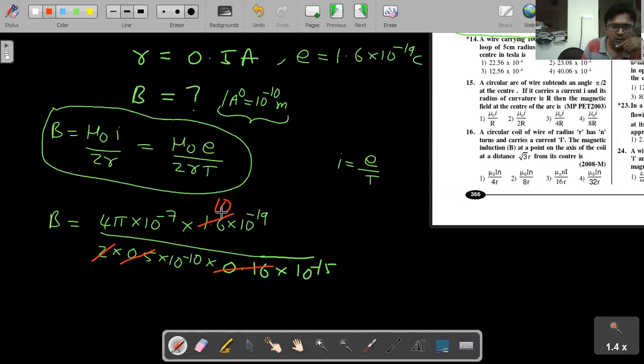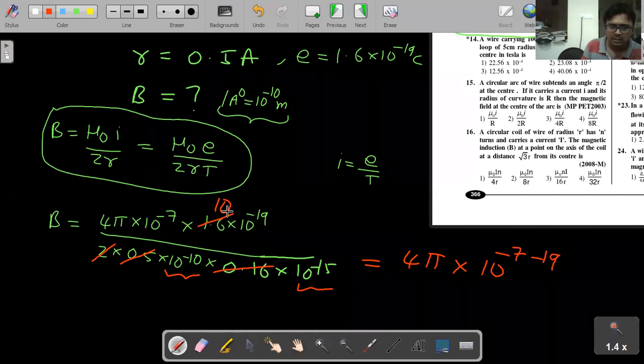Then 10 power minus 10 and 10 power minus 15 give 10 power minus 25, which goes into the numerator as plus 25. In the numerator we have 4 pi into 10 power minus 7 minus 19, and already 10 is there, that is plus 1. There are no denominator terms now.